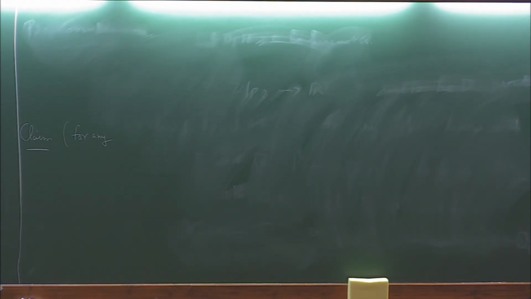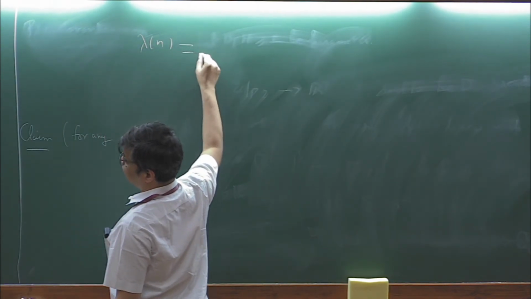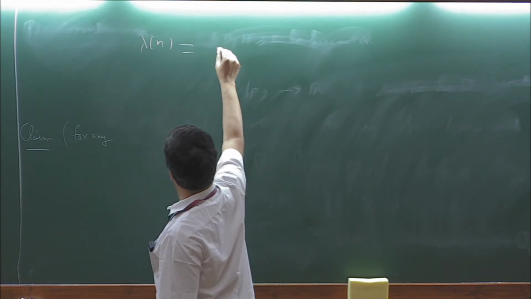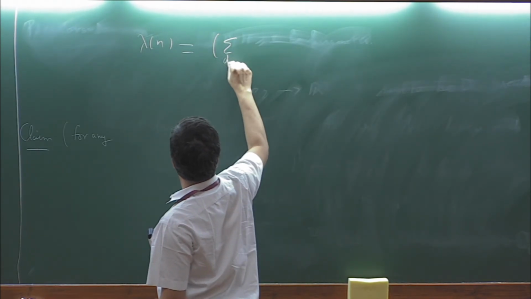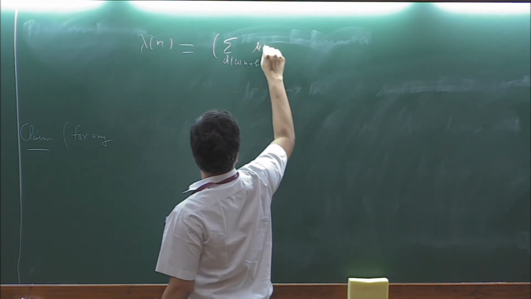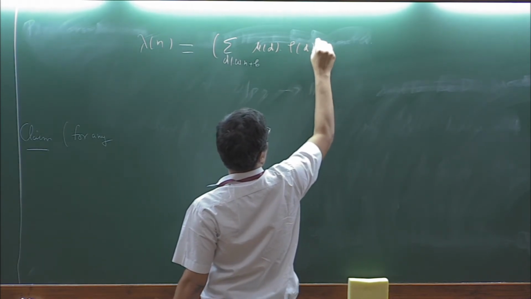In order for me to prove these things, there are these factors floating around. They will anyway come out. So it is better to just define this function lambda n to be the summation over d dividing w n plus b of mu d rho d, whole square.